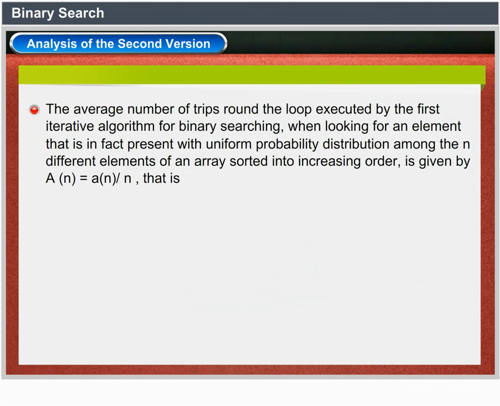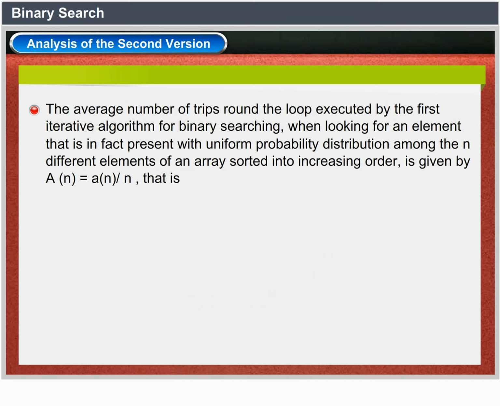The average number of trips round the loop executed by the first iterative algorithm for binary searching, when looking for an element that is in fact present with uniform probability distribution among the n different elements of an array sorted into increasing order, is given by A(n) = a(n)/n.